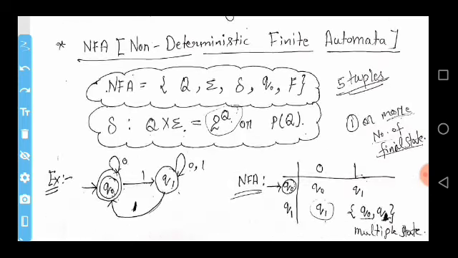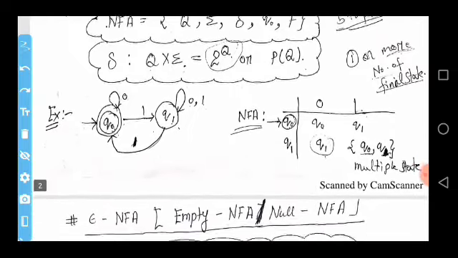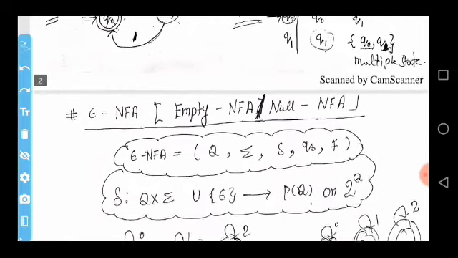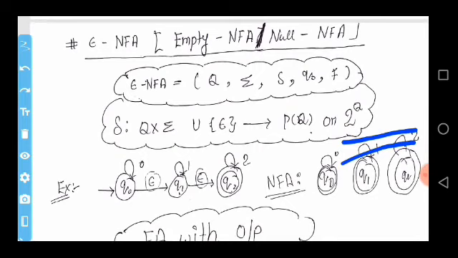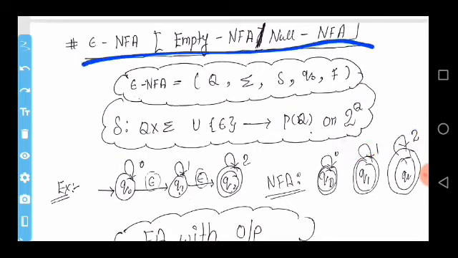Now coming to null NFA. Null NFA or empty NFA is similar to NFA, just that it uses only a null or empty symbol as the input symbol. So it is known as null NFA.